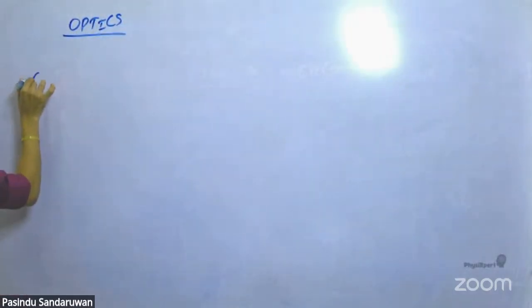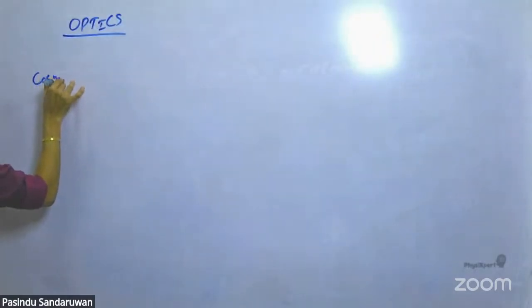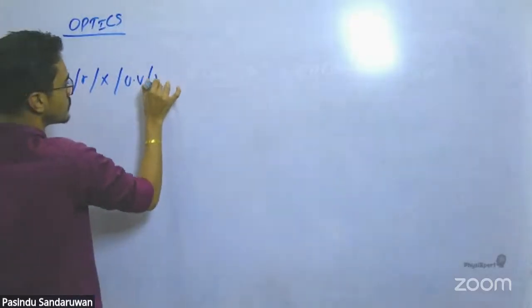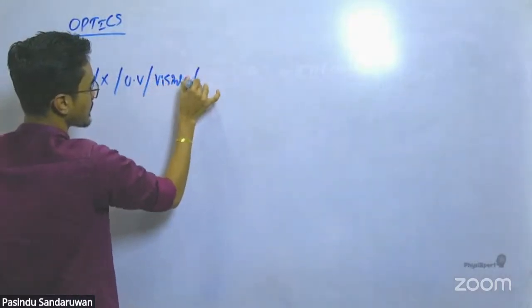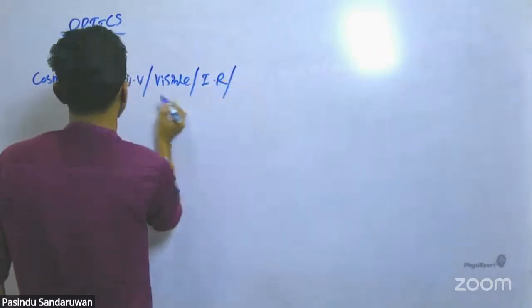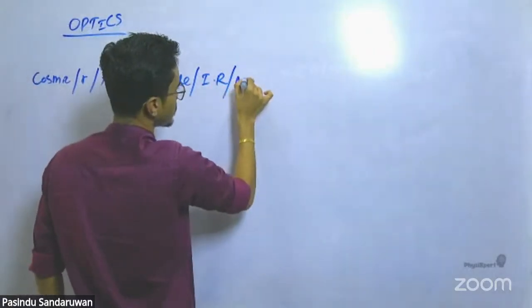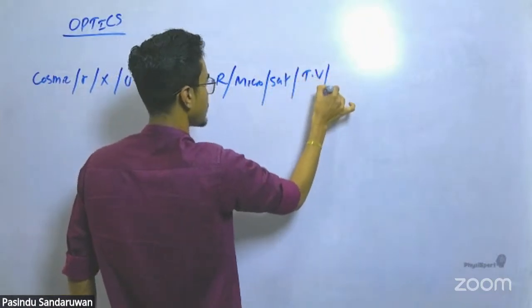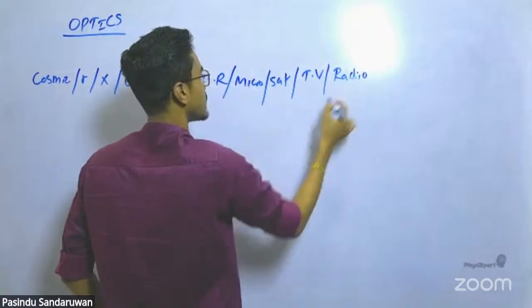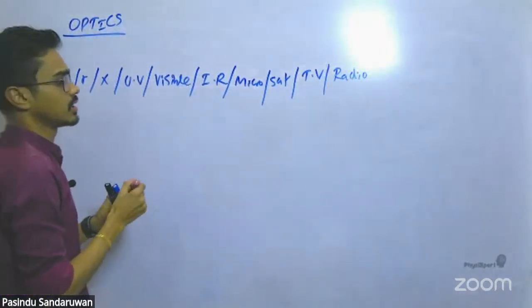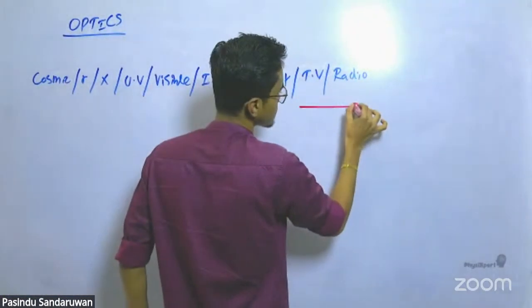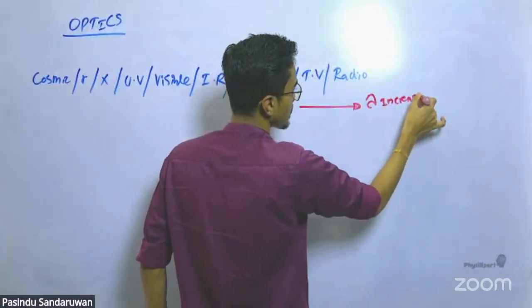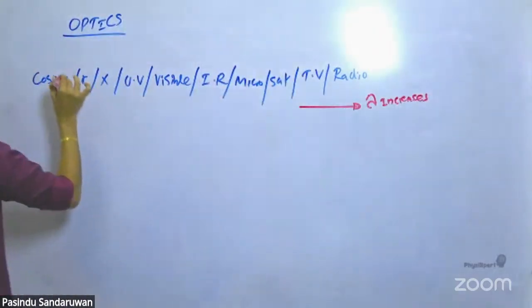In the electromagnetic spectrum, we had cosmic, gamma, X, UV, visible, IR, micro, satellite, TV, and radio. Along this direction, lambda increases, and along this direction, frequency increases.